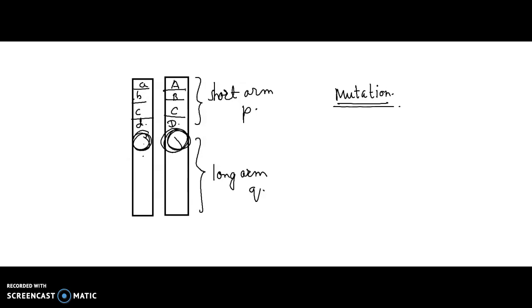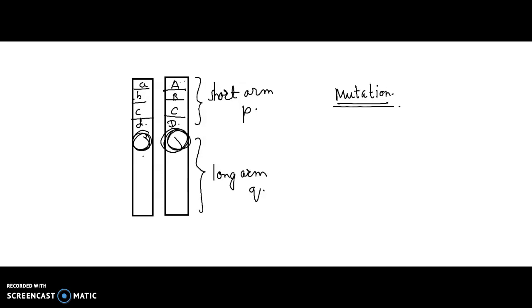So any change in the chromosomal structure will result in a change in the arrangement of a gene, or loss of a gene, or a duplication or an extra addition of a gene. All these things, if they occur, will result in a chromosomal aberration or distortion.